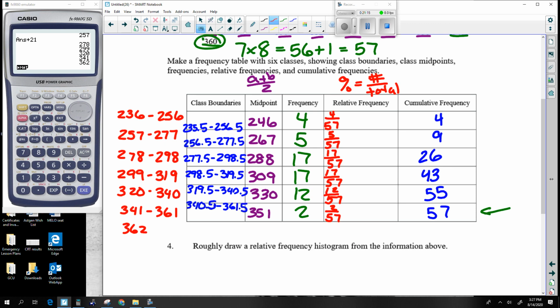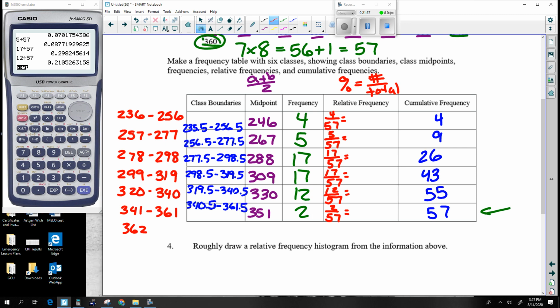All right, here we go. 4 out of 57. 5 out of 57. 17 out of 57. 17 out of 57. 12 out of 57. I'll worry about the last one in just a second.